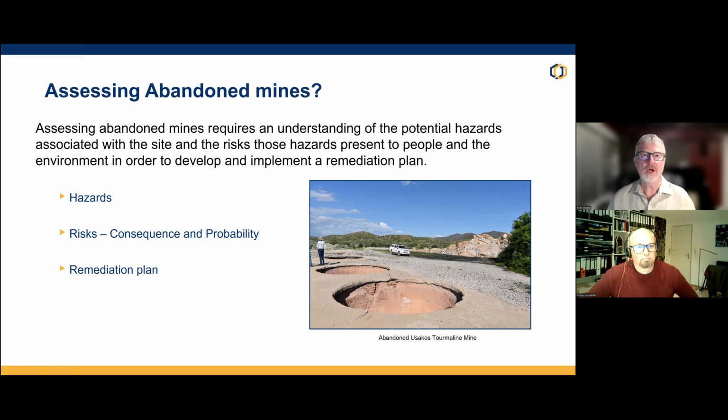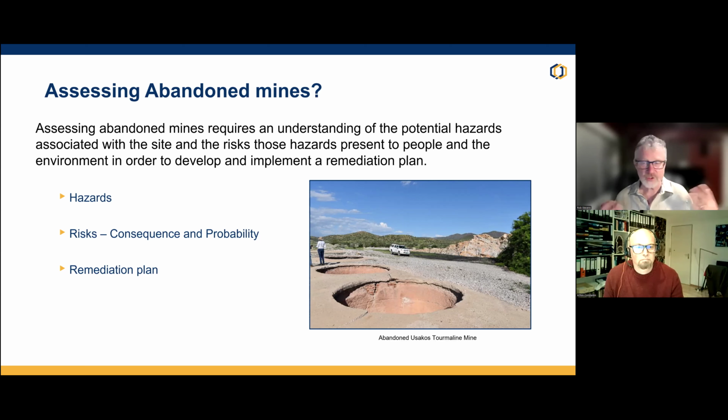So assessing abandoned mines really requires an understanding of the potential hazards associated with that site, and then the risks that those hazards present to people and the environment in order to then ultimately develop a remediation plan. So a key part of that is identifying the hazards. What are the potential hazards that exist at that site? Once we've identified that, we can look at the risks, which relate to the consequence of risk. And consequence really is focused on who can be impacted by those hazards.